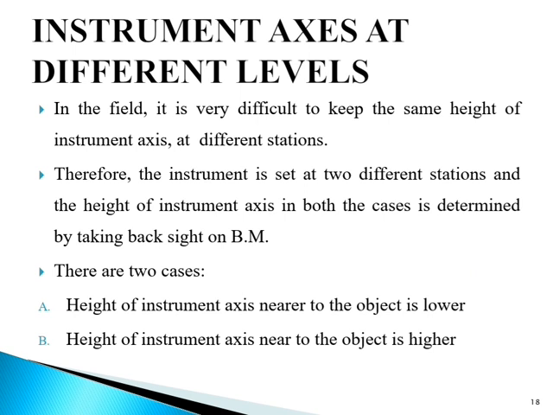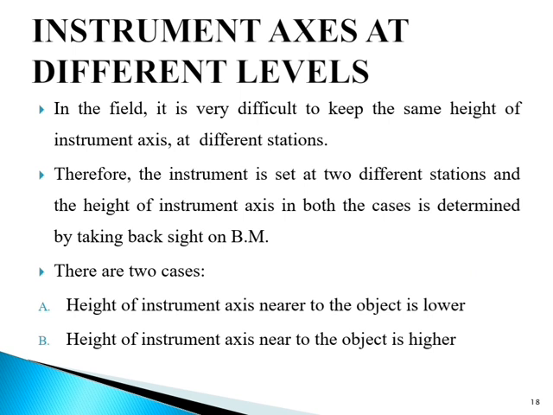But it is not possible to keep the same height of instrument axis at the different stations. Therefore the instrument is set at two different stations, and the height of instrument axis in both cases is determined by taking a backsight on the benchmark. So there are two cases in this one also.